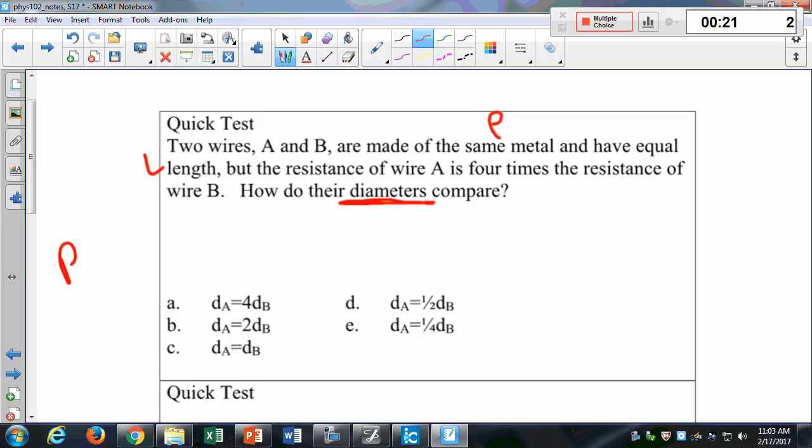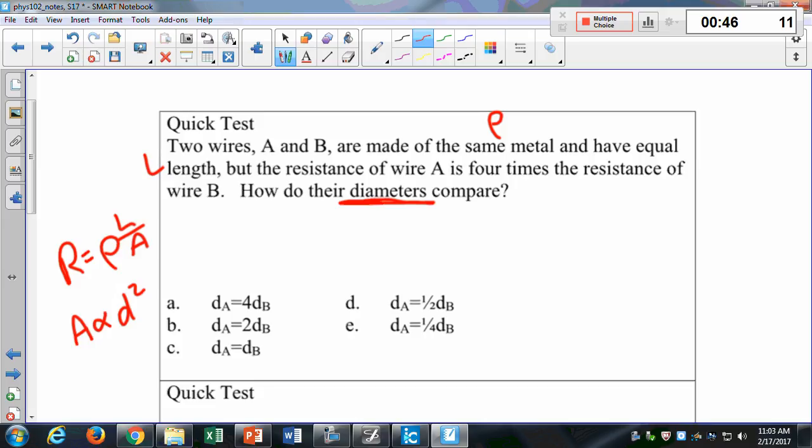Now remember, R is equal to rho L over A. I also want you to remember that area is proportional to the diameter squared. The area of a cylinder is proportional to the diameter squared. This is the cross-sectional area. So how do their diameters compare?